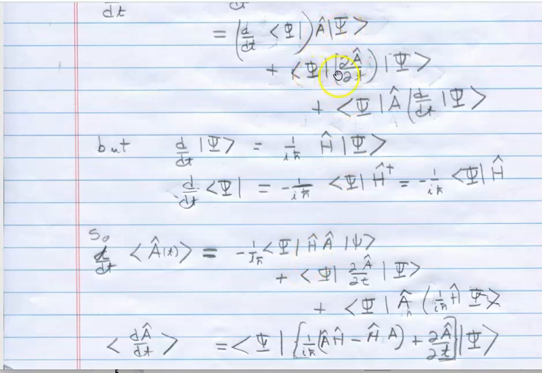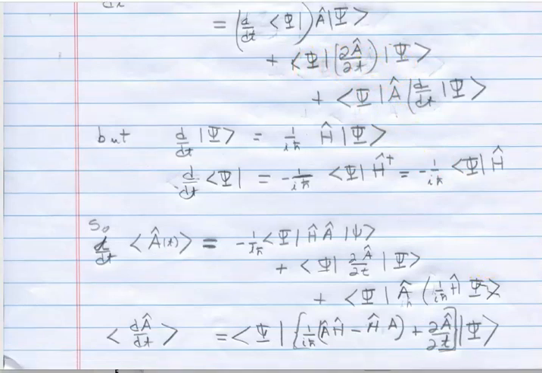This term stays the same. Don't have any change there. And the last term, which is this one here, I replace d/dt of the ket vector. Well, here it is right here, so I replace it by 1 over iħ, H times the ket vector back again.